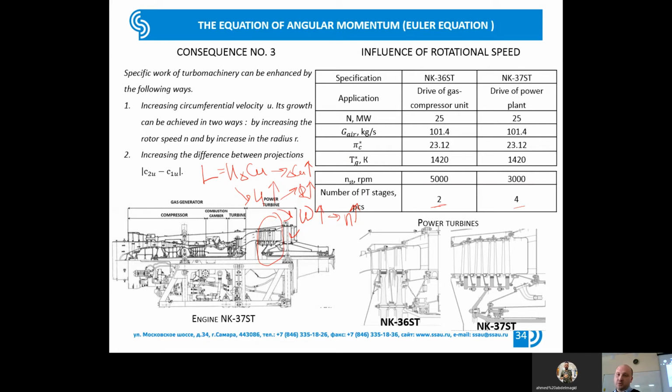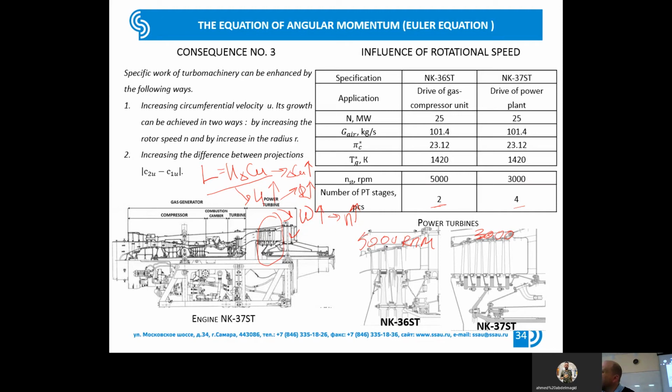Here it is 5,000 rotations per minute. Here 3,000. Because here the rotational speed is lower, the specific work, based on this equation, is lower, and you can't extract big specific work at one stage. That's why you receive the same power using more stages.